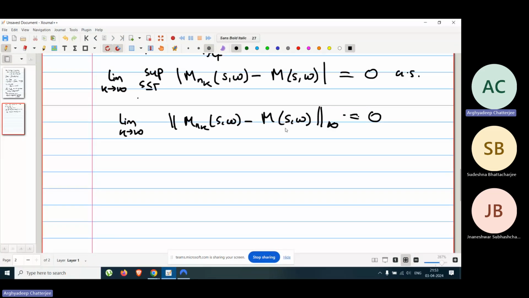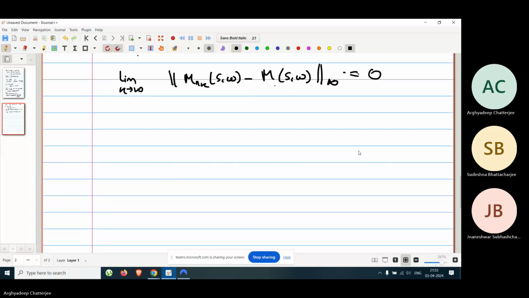Since M is a limit of continuous functions, we have almost surely that s maps to M(s) is also a continuous function.